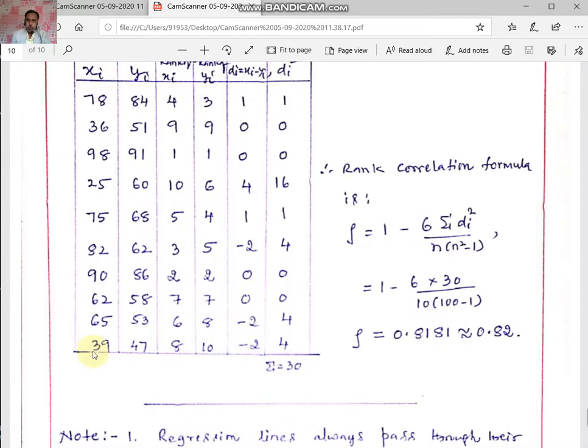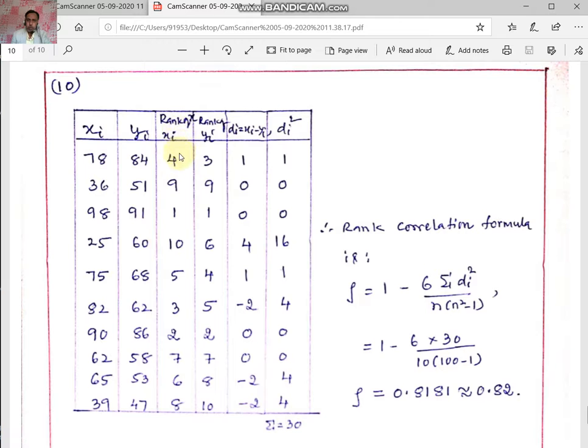So these are the marks in the xi and yi columns, and we shall assign ranks. In the xi column, first rank is 1, second rank is at 90, it is 2. Similarly third rank, fourth, fifth, sixth, seventh, eighth, ninth and 10th rank according to their marks. The same process is done in the y column. So the rank of y is assigned here.